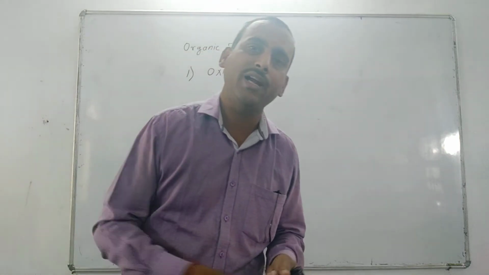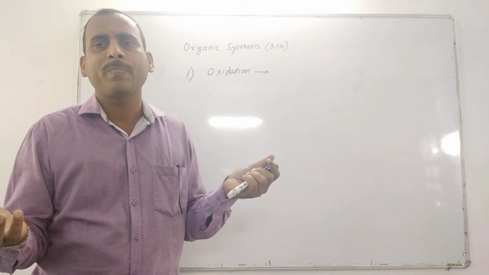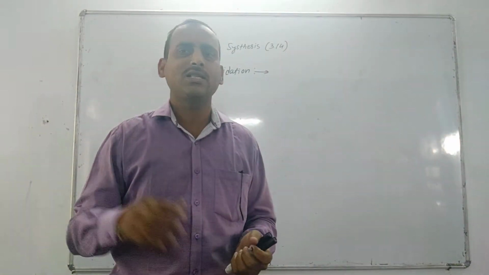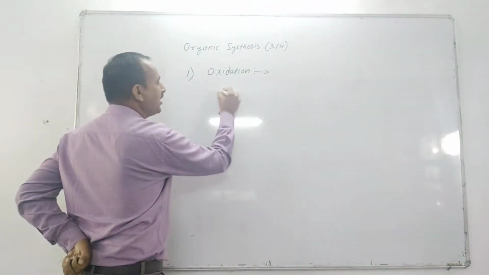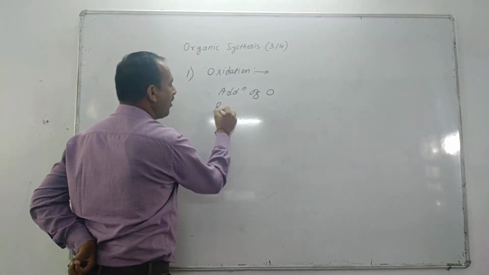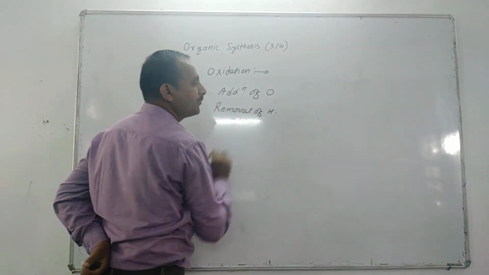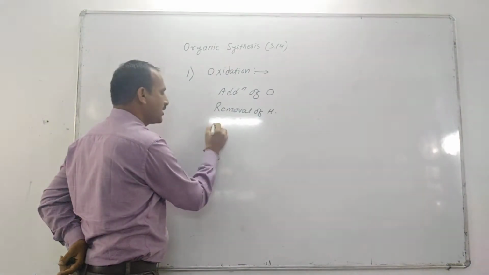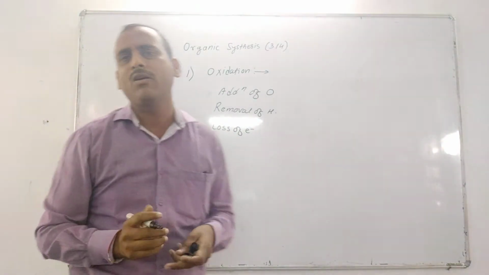Addition of oxygen and removal of hydrogen is called oxidation, or in other words, loss of electron by some species or by some compounds.